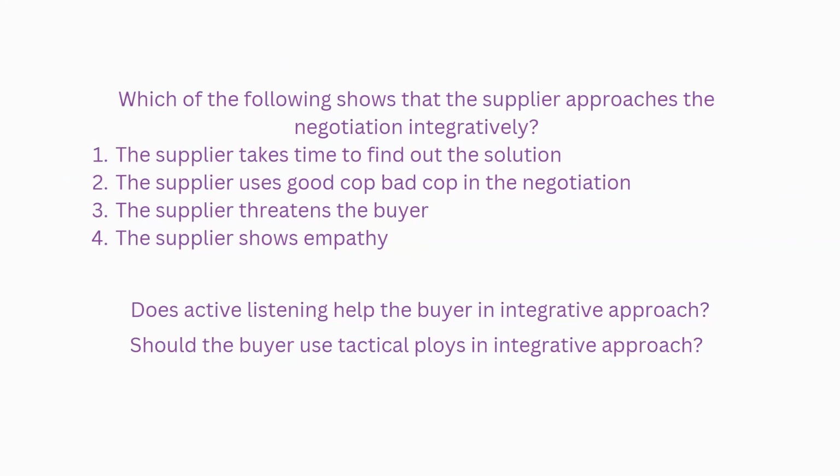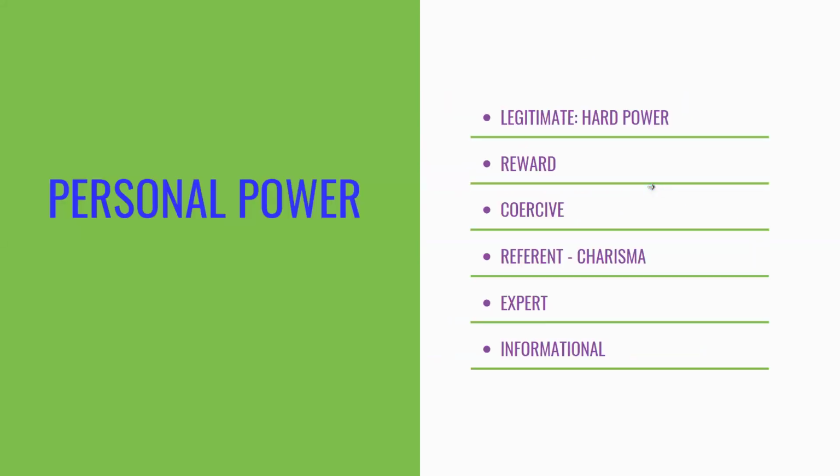The next topic I would like to share is the list of personal power. In this model, there are seven types or seven sources of personal power that one may have in negotiation, and this model was created by Raven, as far as I can remember. We have legitimate power, or the hard power, that comes from position or authority.